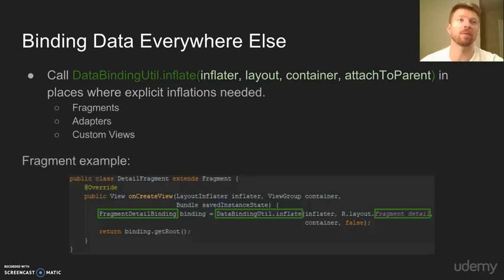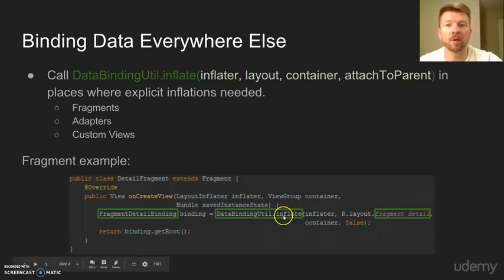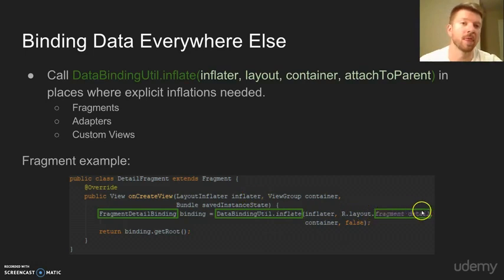And this is an example of a fragment. This is how you'd inflate your layout using Android data binding. You call inflate on DataBindingUtil, pass the inflater that we have as one of the parameters in onCreateView, then the layout ID, the parent container, and whether we want to attach it to the parent.